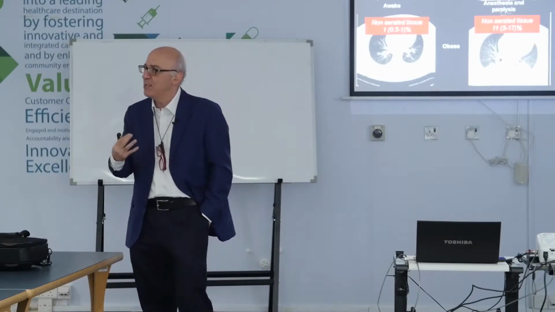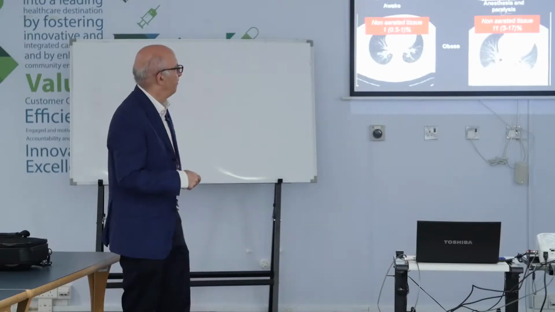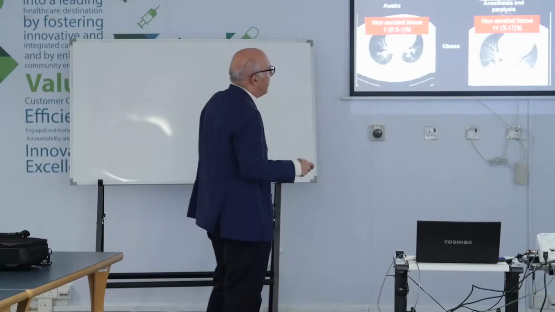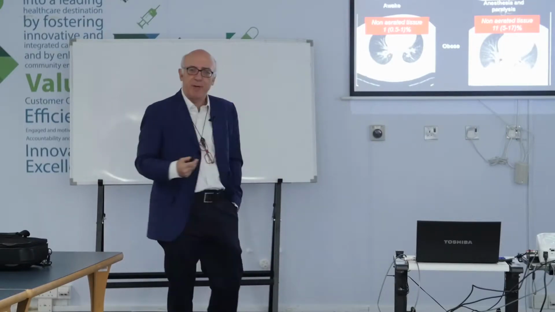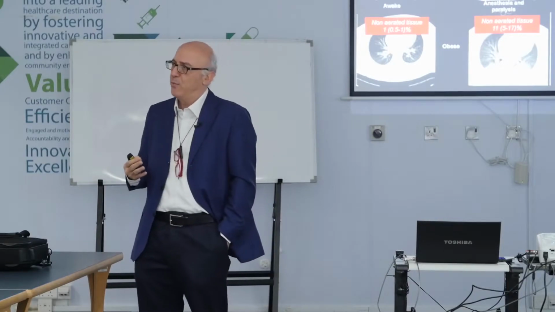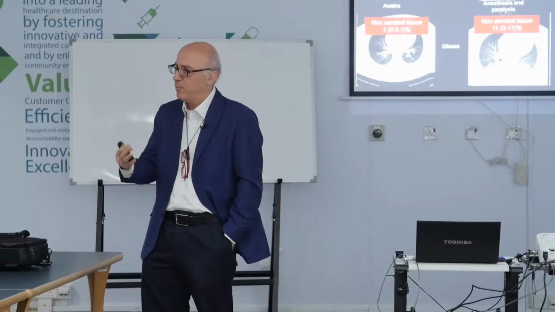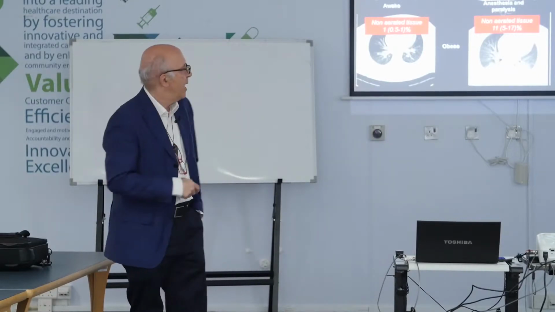So obese patients are characterized by massive atelectasis during surgery. And why is that? Because you have an increase in the intra-abdominal pressure. In normal subjects, you have around 7 to 8 centimeters of water. In obese patients, you have 17 to 18 centimeters of water. I'm talking about morbidly obese patients.